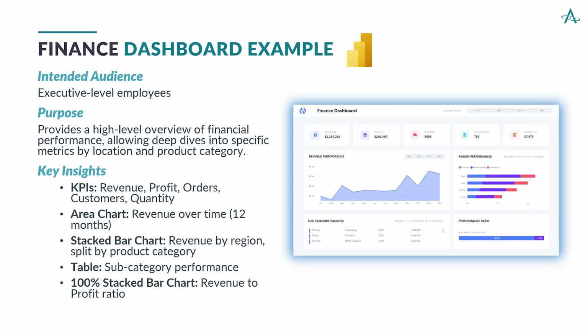Finally, we see a table displaying subcategory performance and a 100% stacked bar that visualizes the revenue to profit ratio. Crucial for assessing overall financial positioning, this dashboard empowers executives to make informed decisions based on actionable insights.